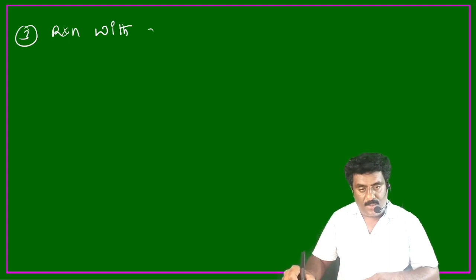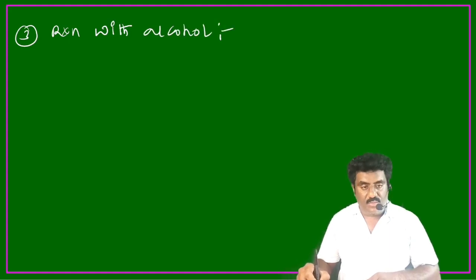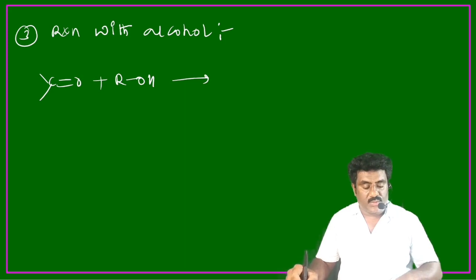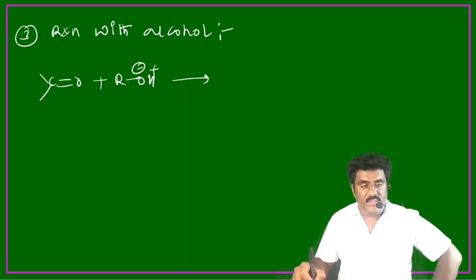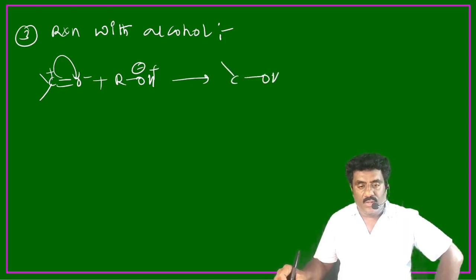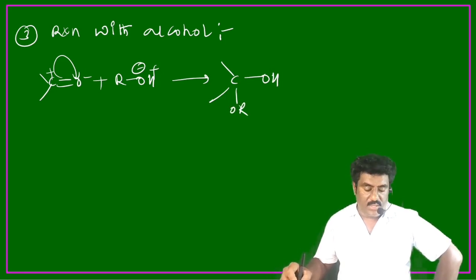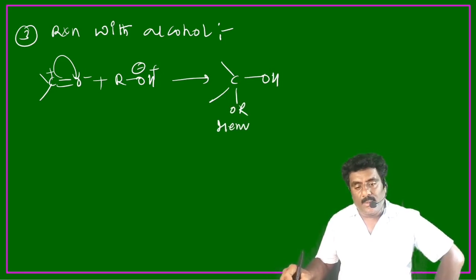Reaction with alcohol. See, a carbonyl compound with alcohol, ROH. So it is RO minus and H plus, the pi bond is shifted, with positive and negative charges. It forms OH and OR. It is a hemiacetal.